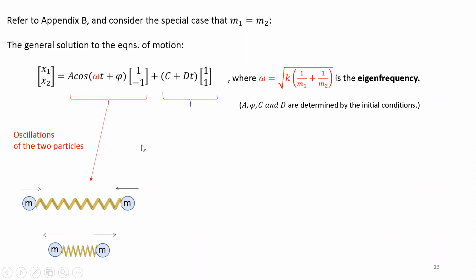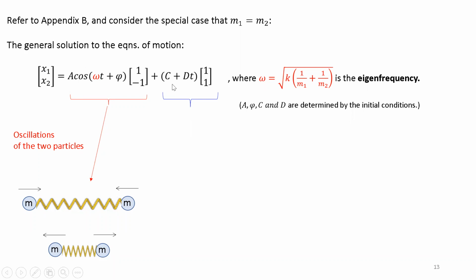What about the picture for the second term? For the second term, I have this linear function in time, and both of them have the same 1 and 1. That means both particles are moving exactly the same way, with this linear time function.